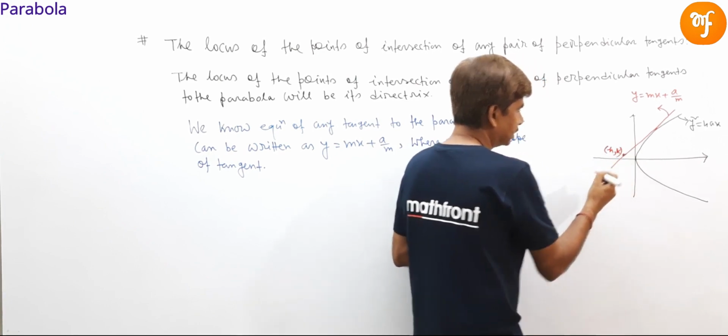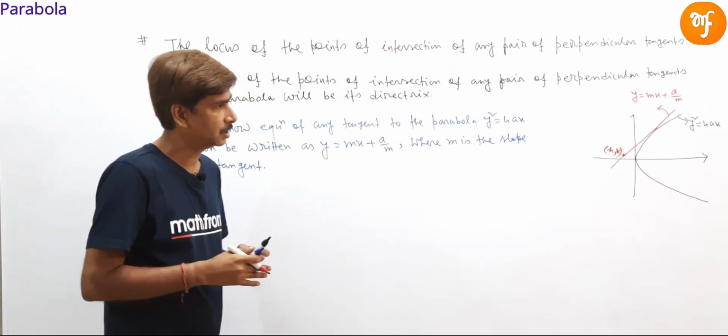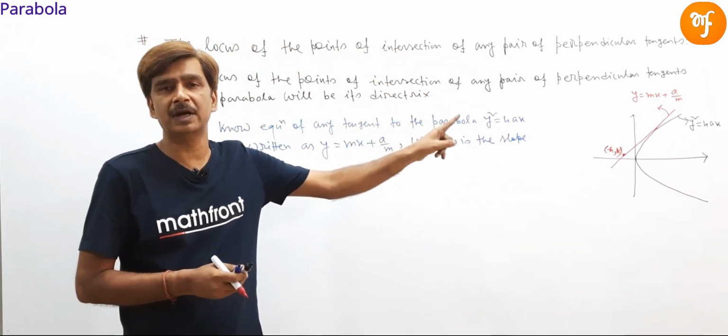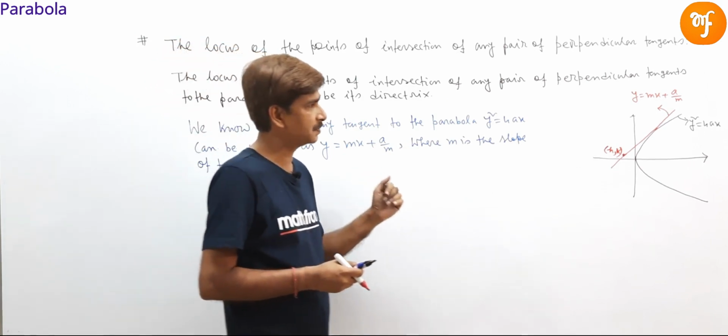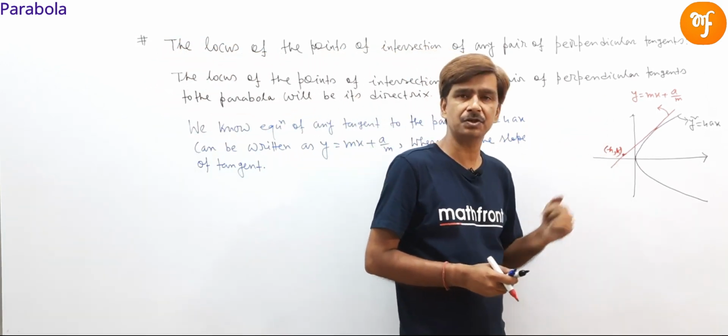Through this the tangent is passing. So the equation of the tangent y is equal to mx plus a by m must be satisfied by the point h comma k.